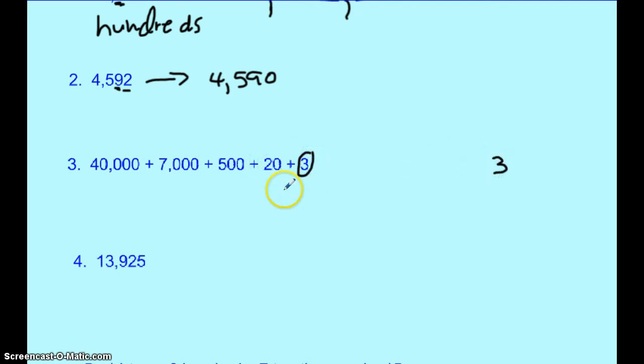We have 20, which is 2 tens. We have 500, which is 5 100s. Okay, and now my first comma. I have 7 1,000s, and I have 4 10,000s. So our answer would be 47,523 is the standard form for number 3.